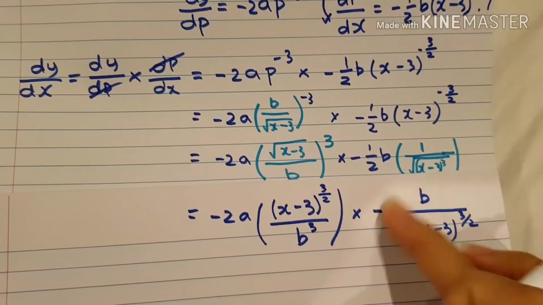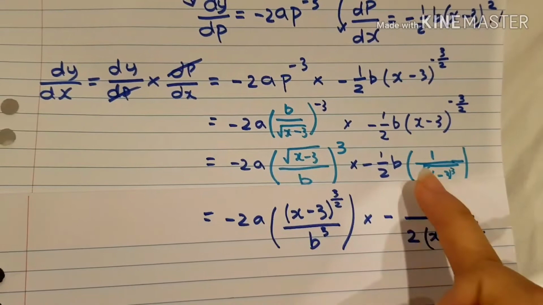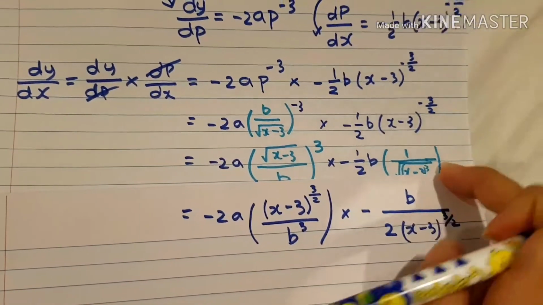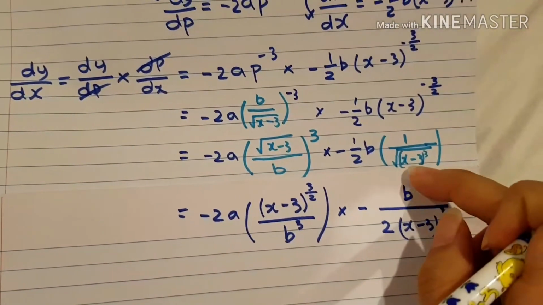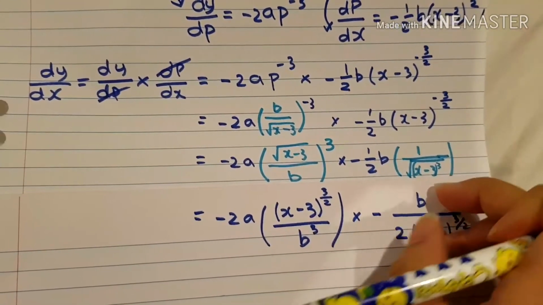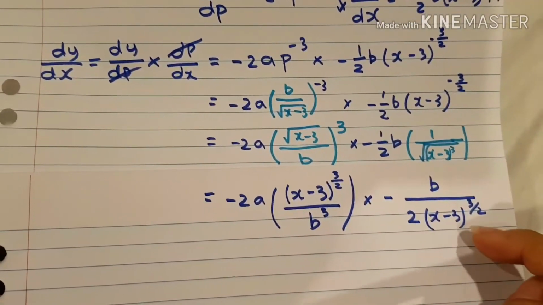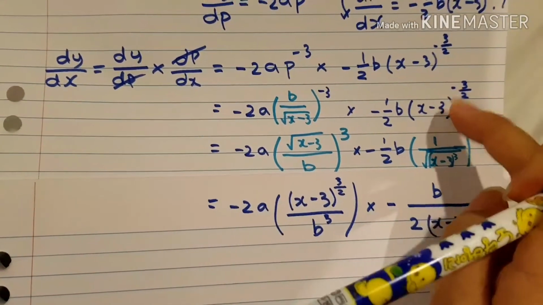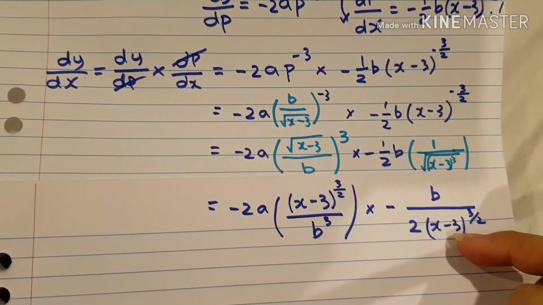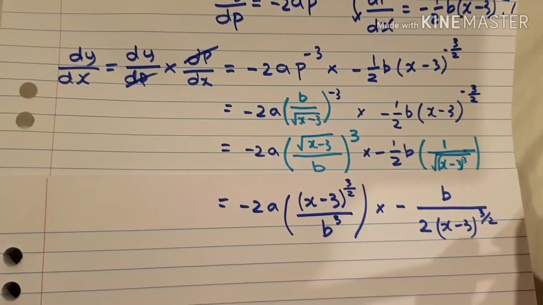Alright, times a half, not negative 1 over 2, b goes at the top, and this one, I wrote it back into thirds form, but I thought it was easier to see it in power form, so I just put that one over there. But remember, as I flipped it and put it at the bottom, the negative disappears. Okay, so you see that?